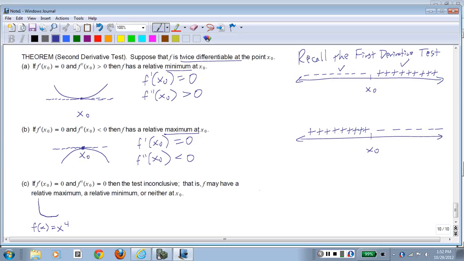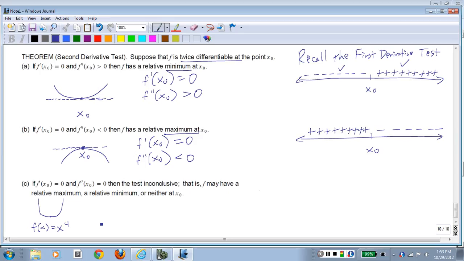It's a flatter bottom than a typical parabola, right there. So f prime, 4x cubed, is equal to 0 at 0. F double prime, 12x squared, is equal to 0 at 0. So the test is inconclusive, but it does have a relative minimum there.